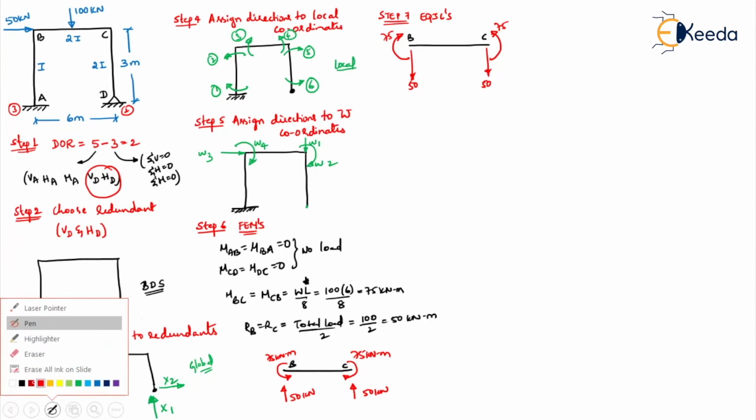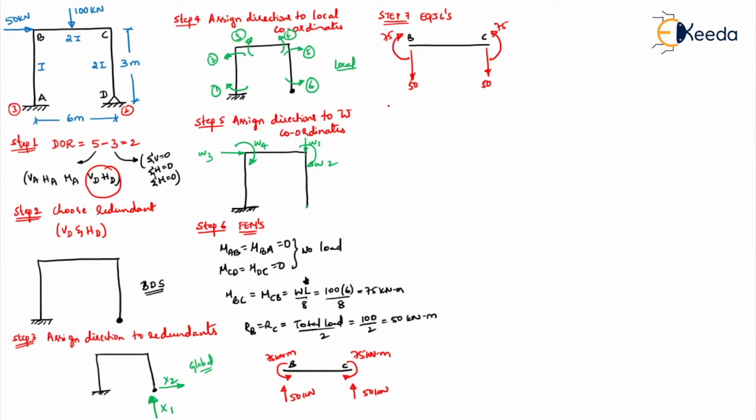Right, once this is done, what is the next step we'll be doing? Next step 8 is your load matrix. First is your PE. PE will be equal to local coordinates into 1. So that's 6 into 1 in this case.